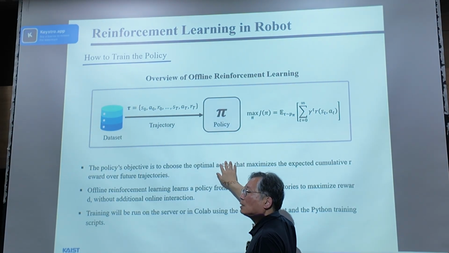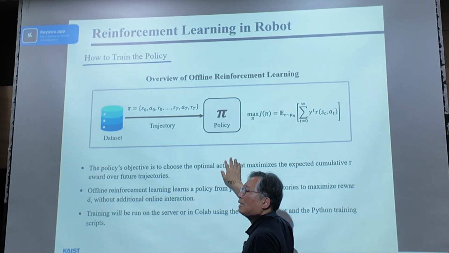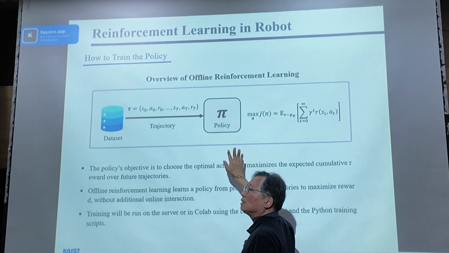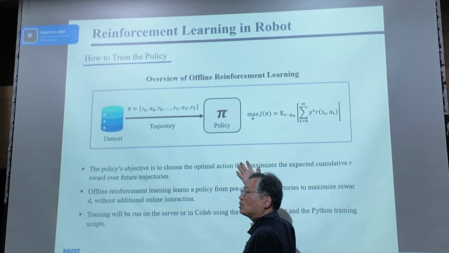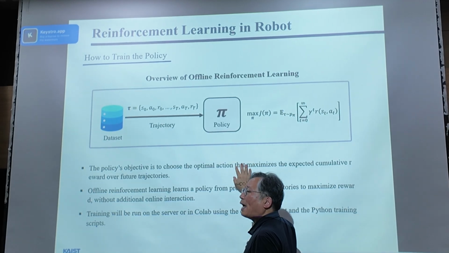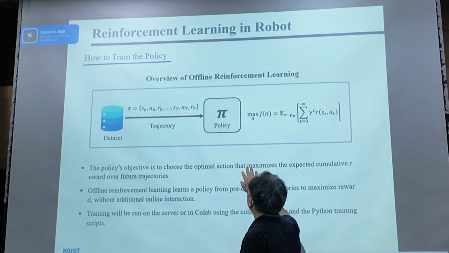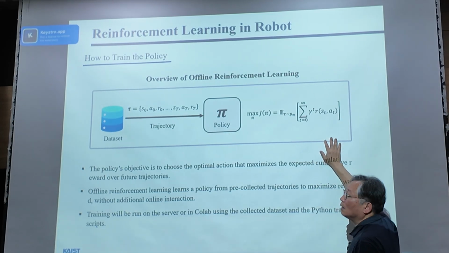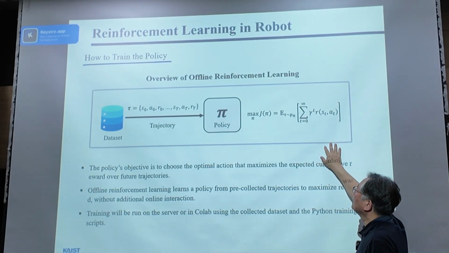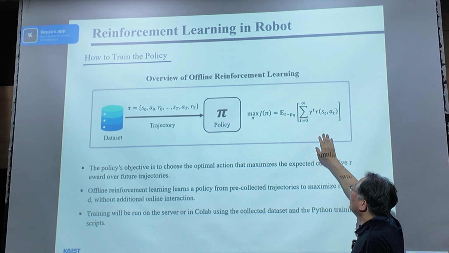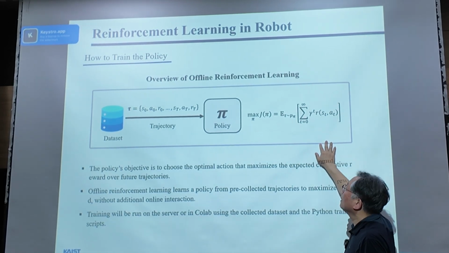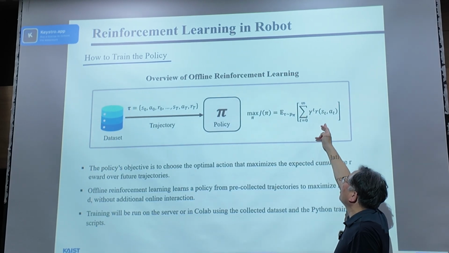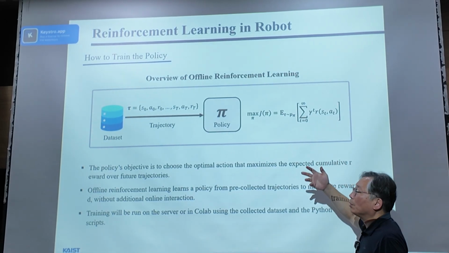Okay, and policy is just a function that takes the state and produces the action. It tries to maximize the accumulated average reward. Okay, R stands for the reward.